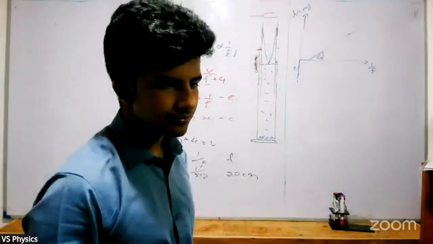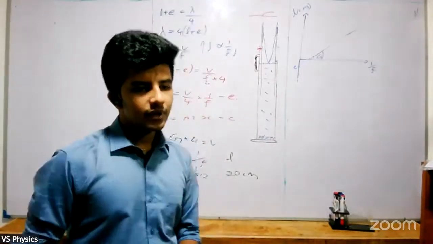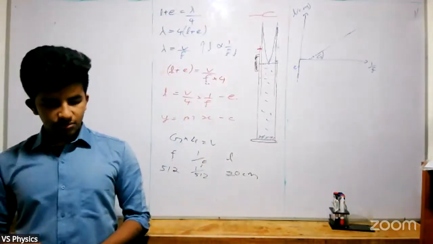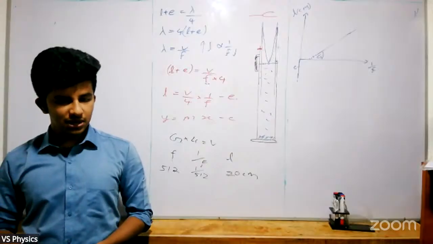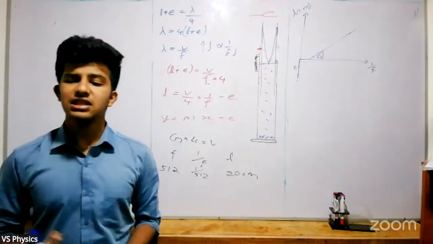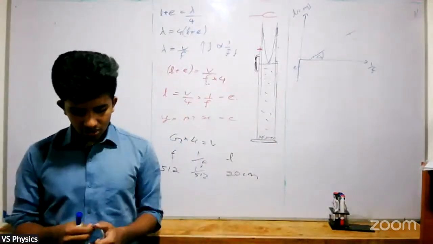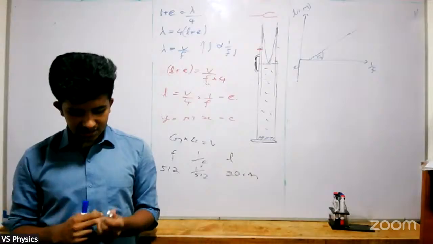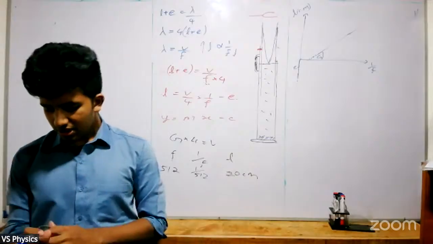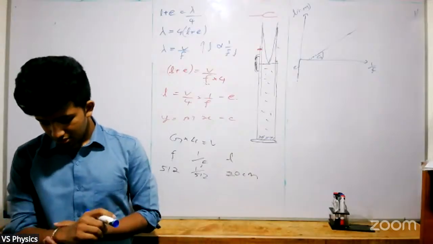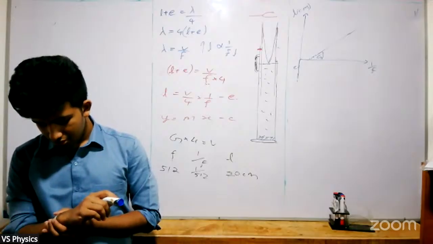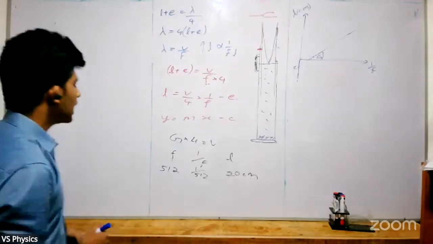Next question. Next we go to the procedure, which is the same as the last experiment, almost everything. The only difference between this and that is that there you have the equation.